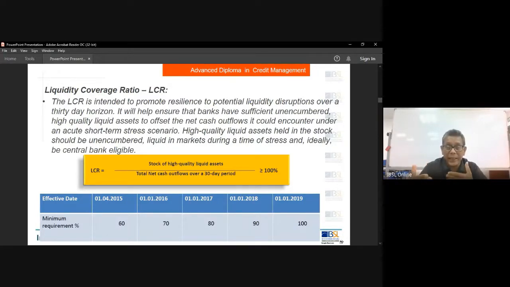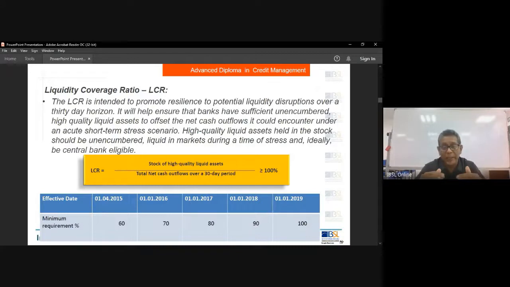It's the 30-day horizon, and this basically helps the bank to have sufficient liquidity available to offset any net cash outflows encountered under a very acute short-term stress scenario.